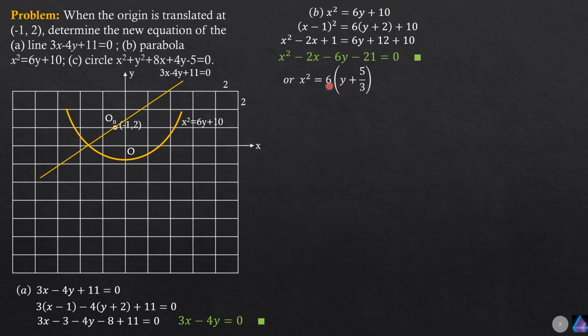The parabola is open upward with latus rectum length 6 and vertex at (0, -5/3), from x minus 0 quantity squared equals 6 times quantity y plus 5/3.